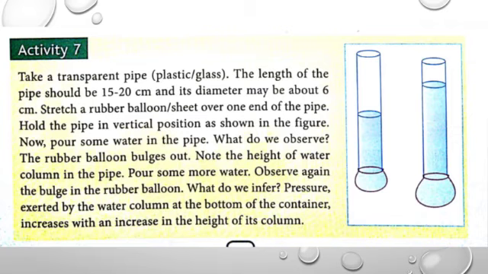So this shows that the pressure exerted by a water column at the bottom of a container increases with the increase in the height of its column. The greater the height of the column, the greater the liquid pressure.